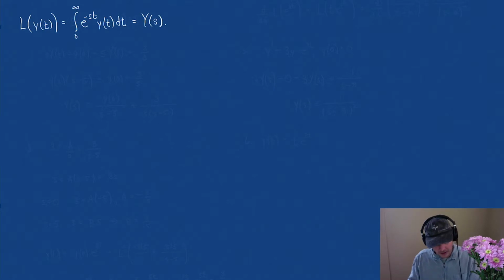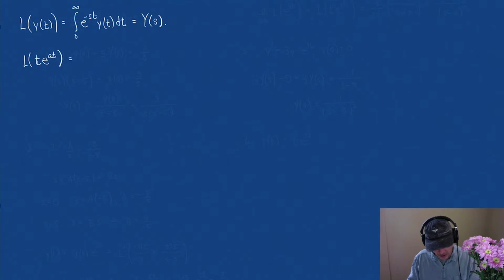Now, let's try this. We've taken a number of Laplace transforms. Let's try another one. Let's try the Laplace transform of t times e to the at.